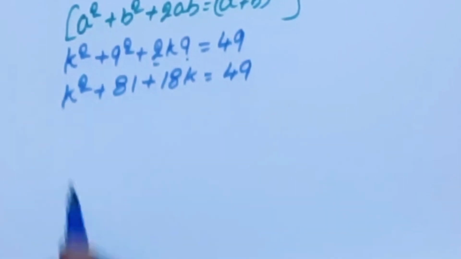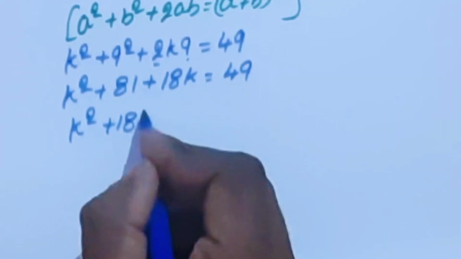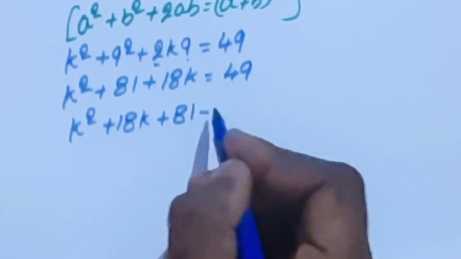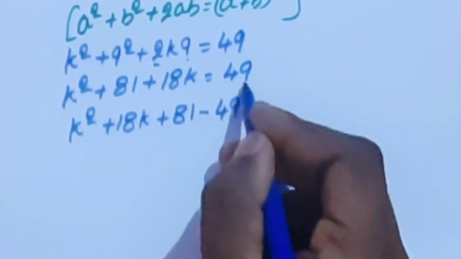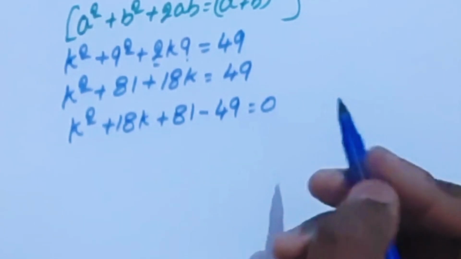Now k^2 + 18k + 81 - 49, moving this 49 to the left hand side, equal to 0.